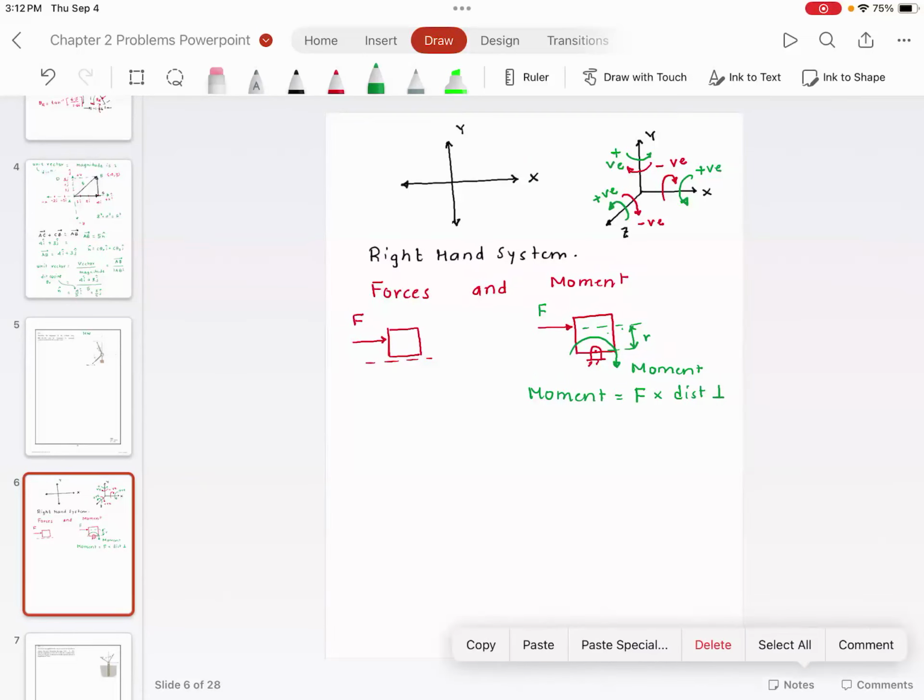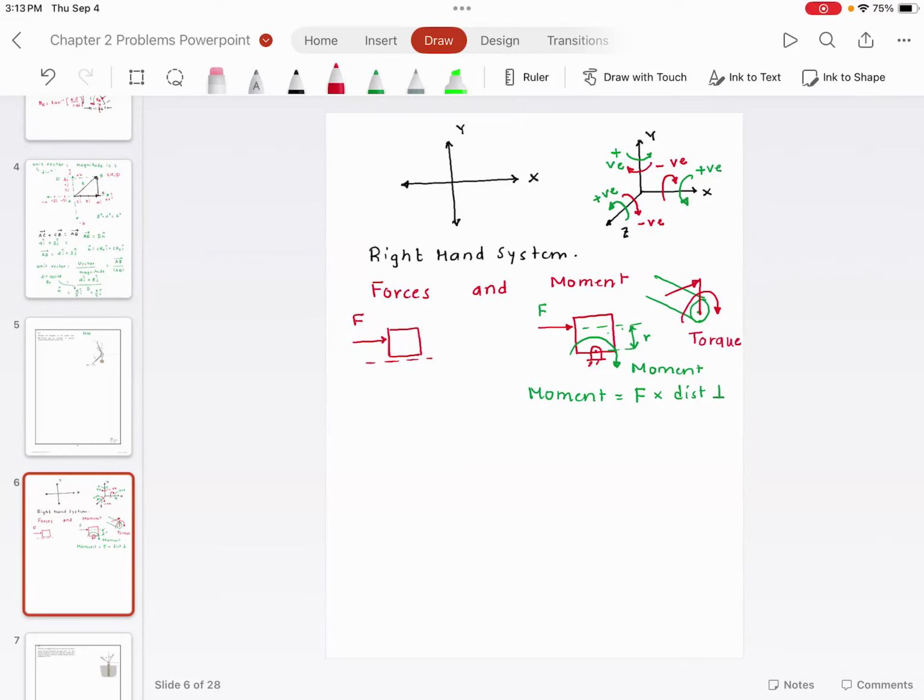On the other hand, if you have a shaft, and on this shaft there is a force, that is basically twisting the shaft, and that is called the twisting moment or torque. So this is the case for torque.